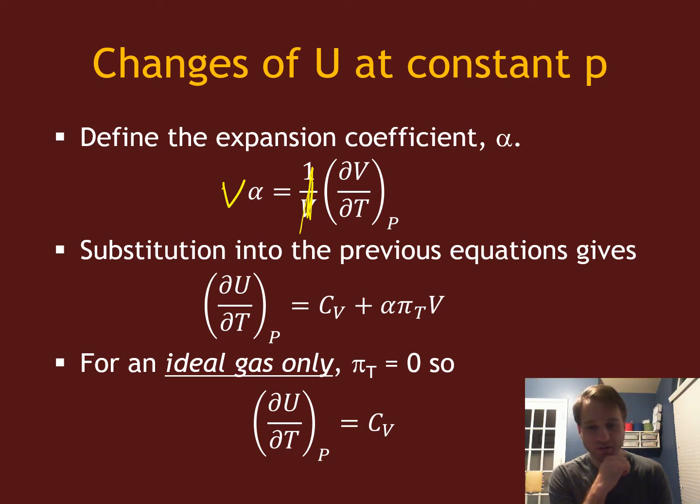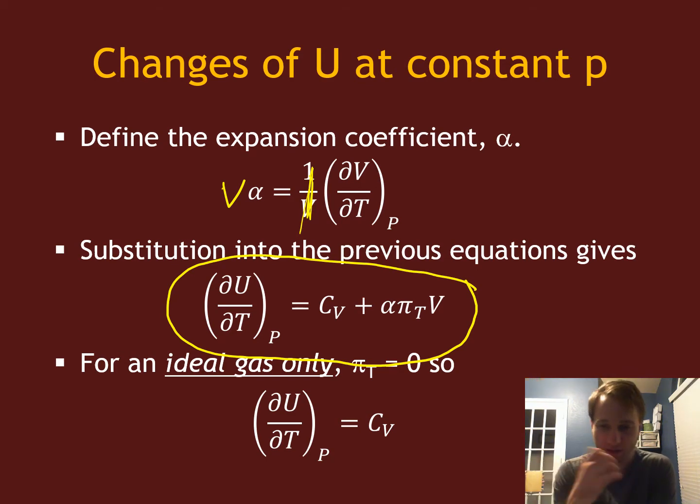And so for a gas or any material for that matter, the change in internal energy with respect to change in temperature at constant pressure is related with CV plus alpha pi sub T V. Now for an ideal gas, pi sub T is 0, so it's just still CV.